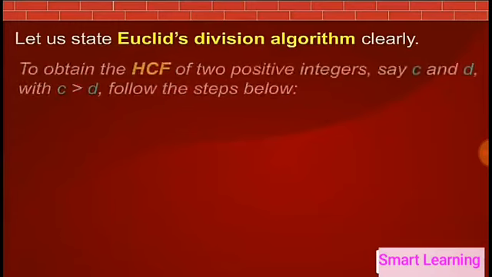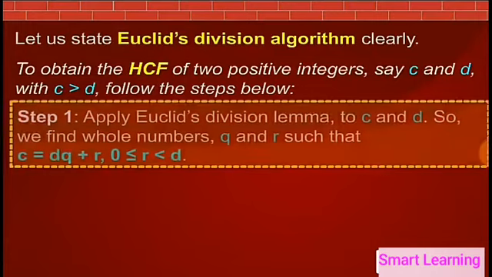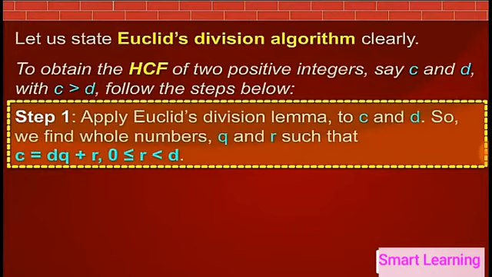So let's state Euclid's division algorithm clearly. To obtain the HCF of two positive integers, say C and D, with C greater than D, follow the steps below. Step 1.